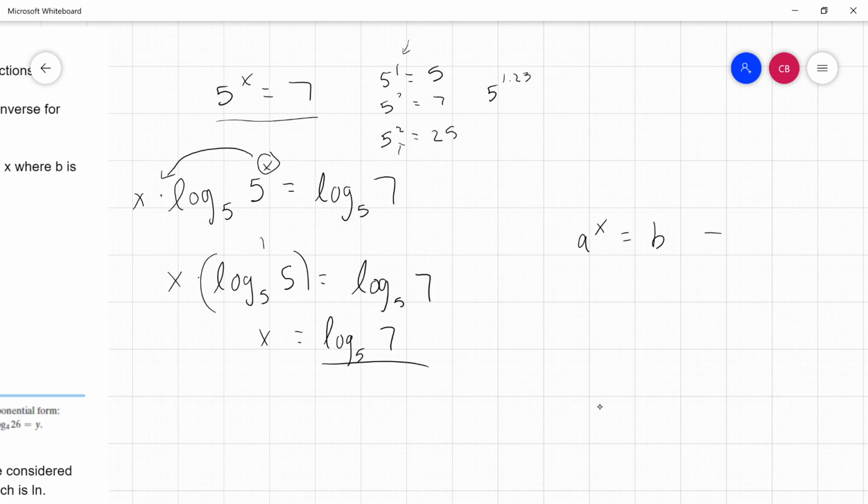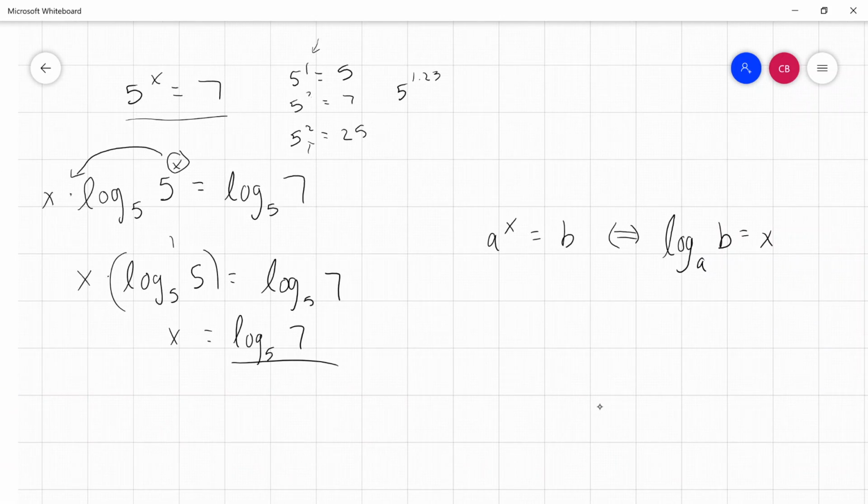Then what that translates to in logs is log base a of b is equal to x. Okay, so that is how you set that up, and that is how you go about conducting the transformation from exponential to logarithmic form, and that's very important. So make sure that you know how to transform that.